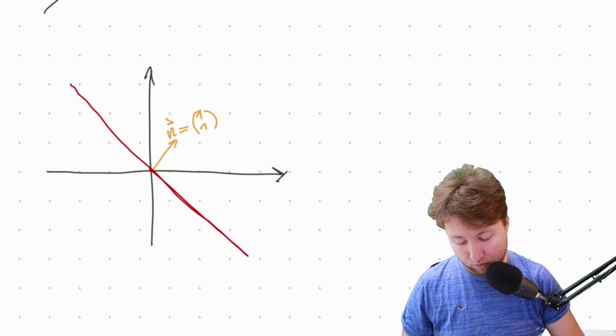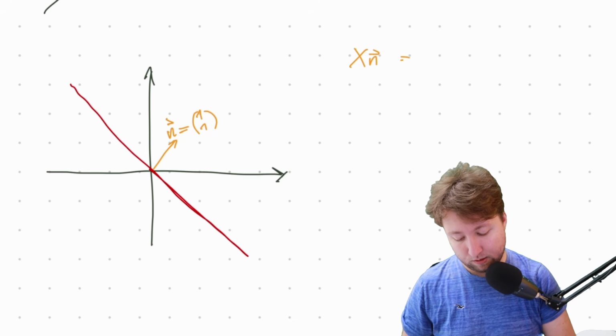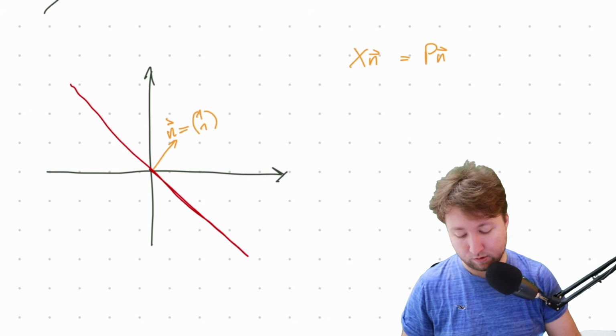Well, the normal vector equation was xn equals pn, where p is a point on the line and x is a general point, so to say.